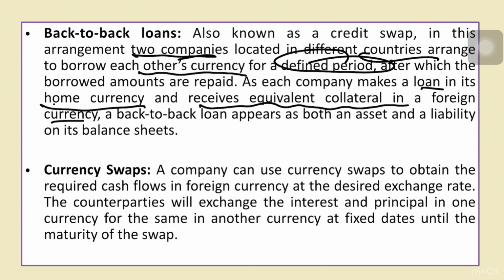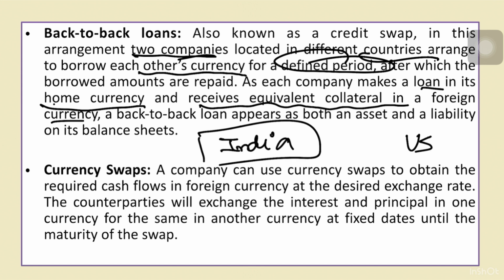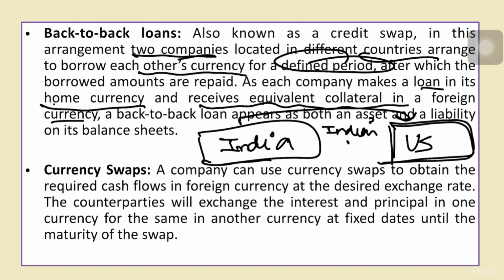Now let's understand this with the help of an example. Say there are two countries, one is India and one is US, right? So two companies are based, one is based in India and another one is based in US. Now the Indian company is going to give loan to US based company in Indian rupee, right?